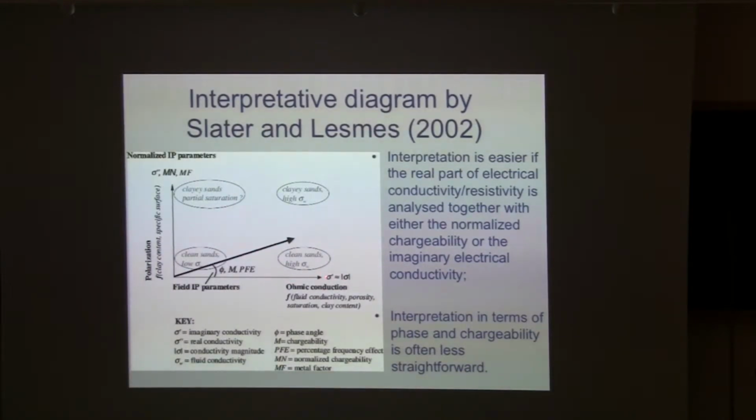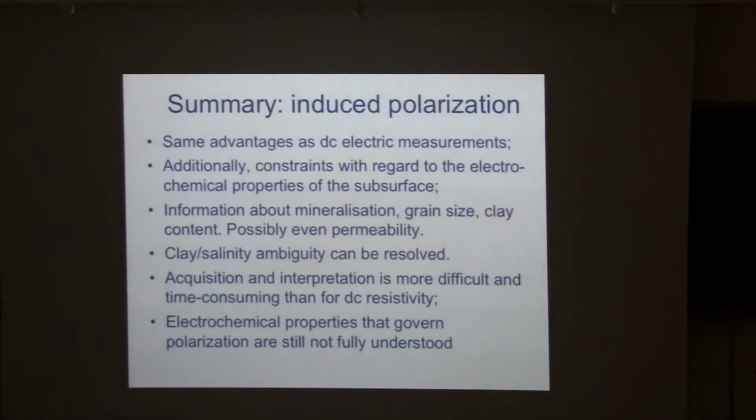If conductivity is high and your imaginary conductivity is high, well, then you're in a clay sand, but it's also a saline system. So by doing this, you can disentangle and it shows the value of two pieces of information, and you can say something more about the system being studied.